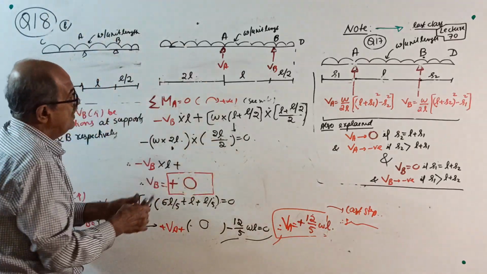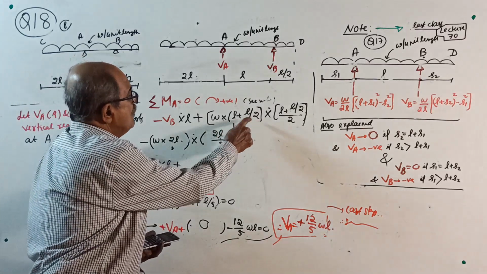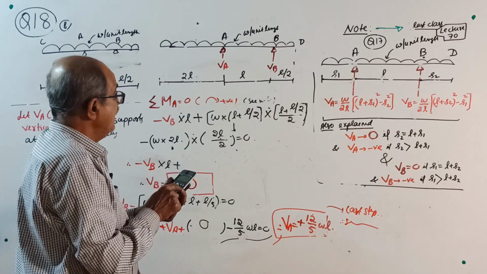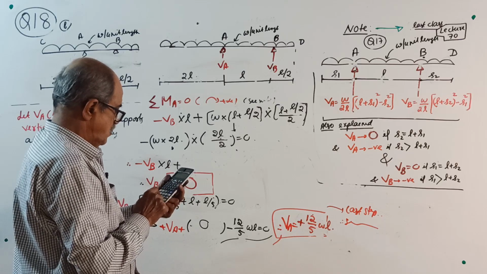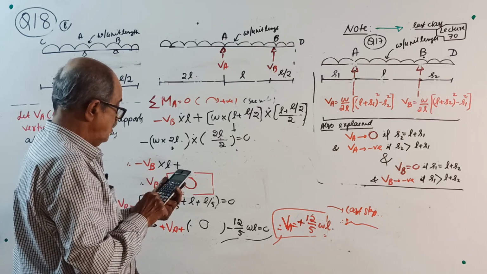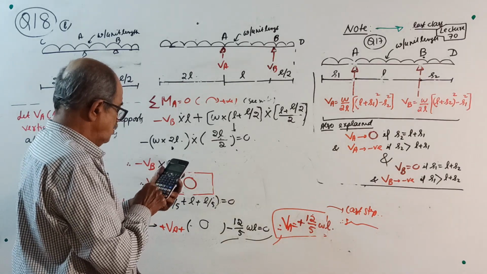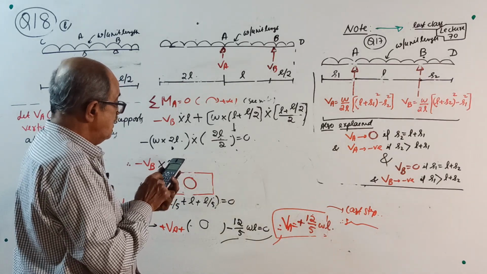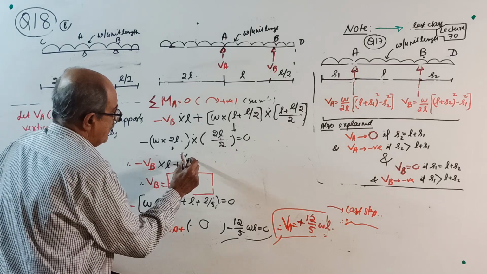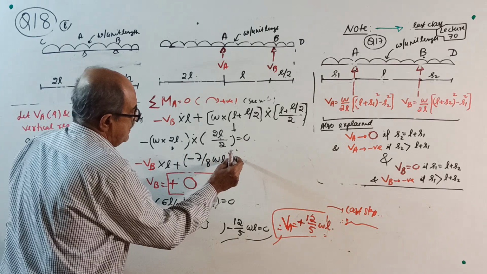What number will come? 1 plus 1 by 2, that square divided by 2, minus 2 into 2 divided by 2. It will come minus 7 by 8. So this total number will come minus 7 by 8 WL equal to 0.